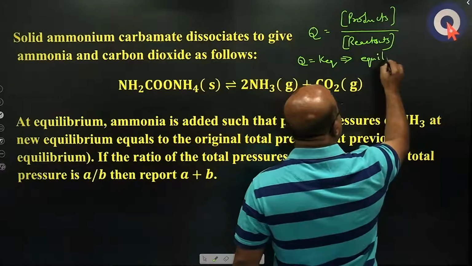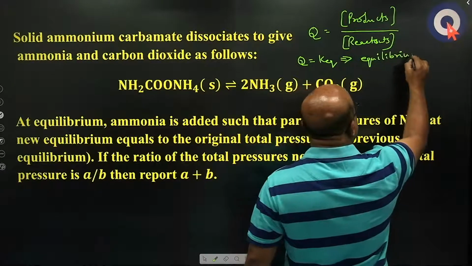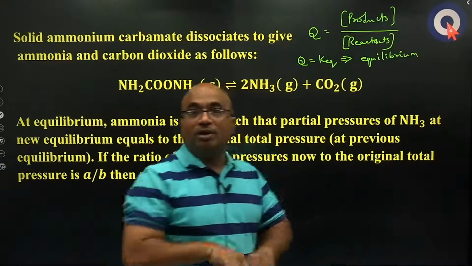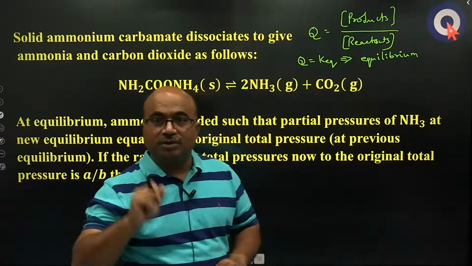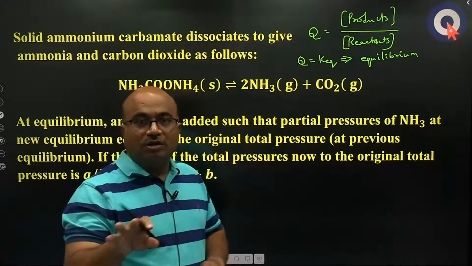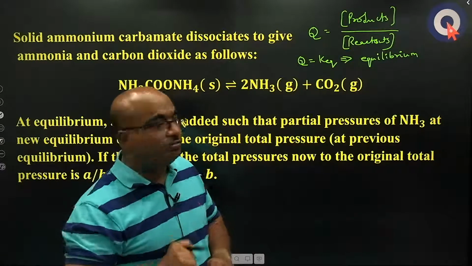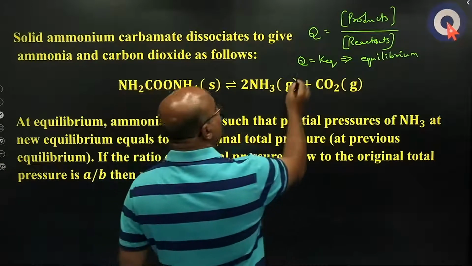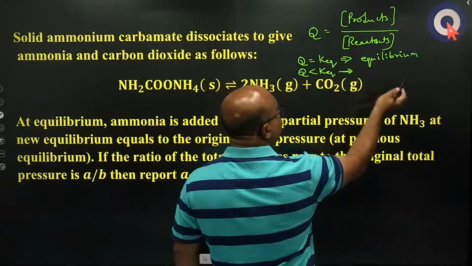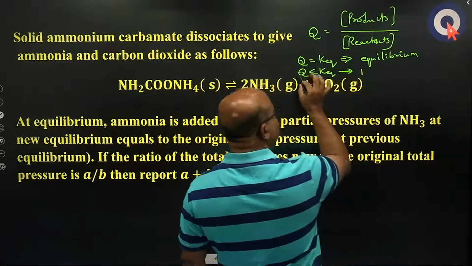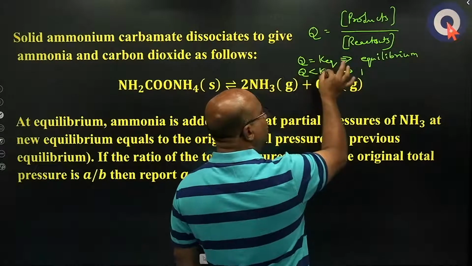So even if you change the concentration such that your Q value remains equal to K, there won't be any effect on the equilibrium. That is how we explain the different factors also. But if Q is less than K, then Q tries to become K, so the Q value has to increase.